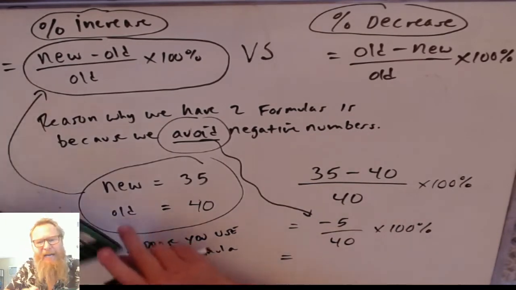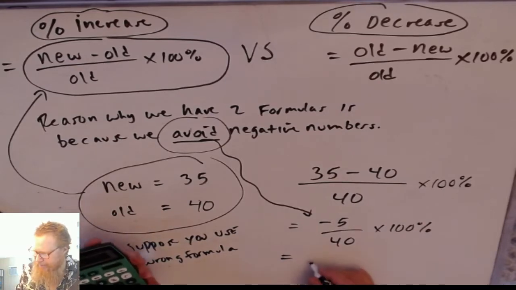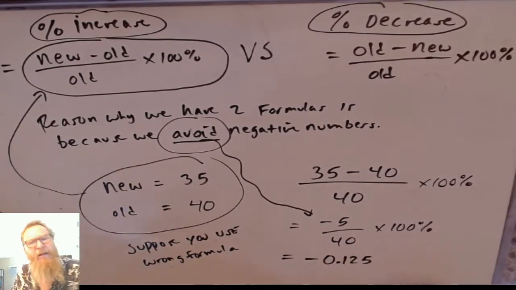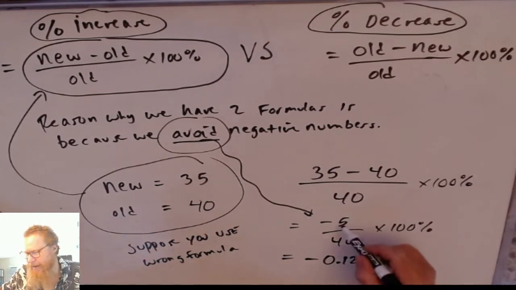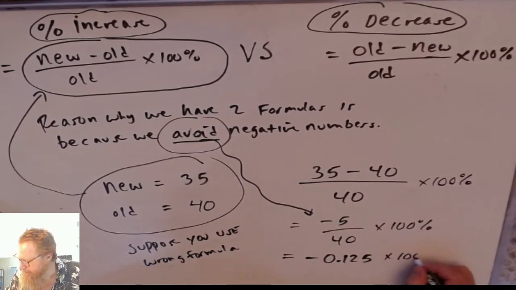And so now I've got negative 5 divided by 40, which I should probably just do by hand, but I know that most people are going to use a calculator, and it makes my lectures go a lot faster. So negative 5 divided by 40 is negative 1/8, which is 0.125, times 100%.